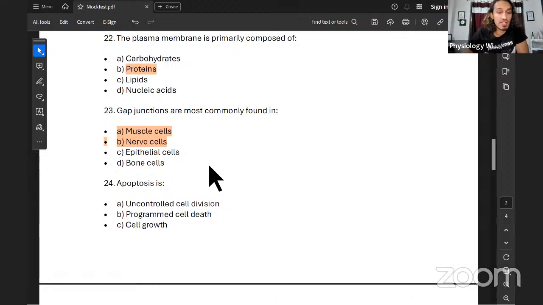Okay, so I'm not exactly sure, because I haven't found any review articles giving proportions or counts of gap junctions. I've gone through various articles. There is no literature I can find as to how many gap junctions, and it's in different animal models, so how much you can apply it to human beings is another thing. So again, this is not a very good question. You can either say muscle cells or nerve cells.